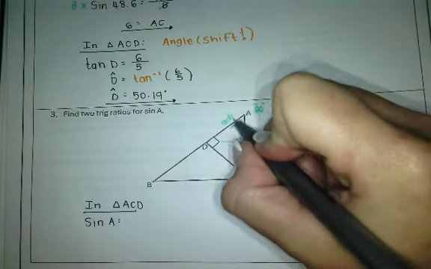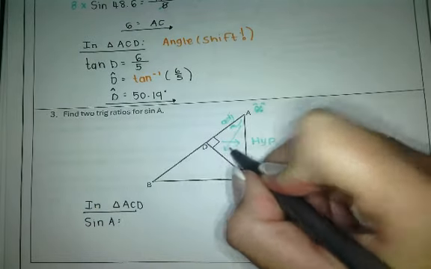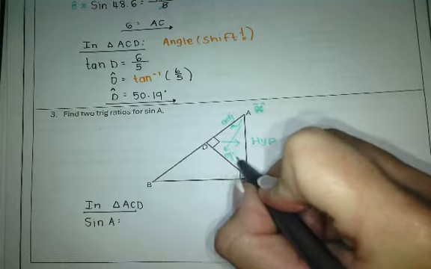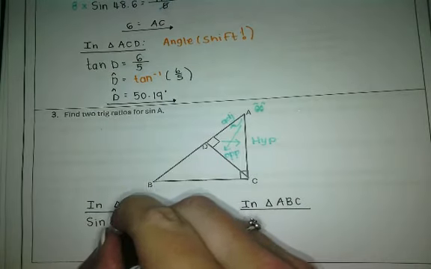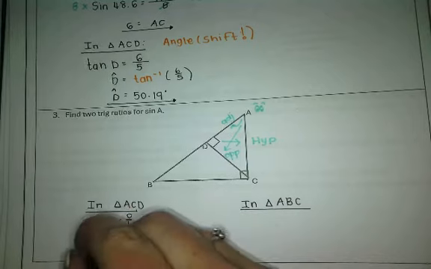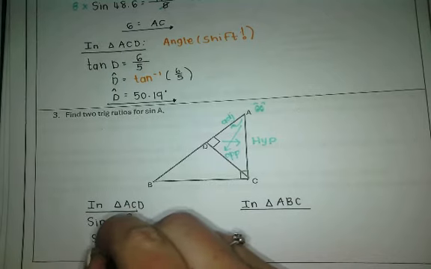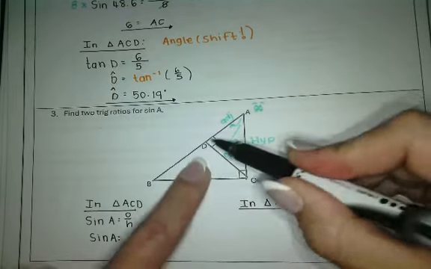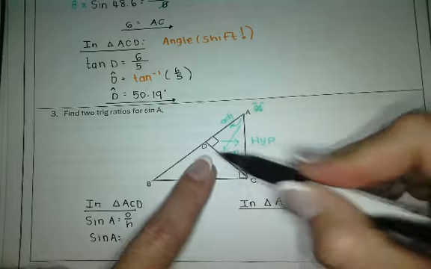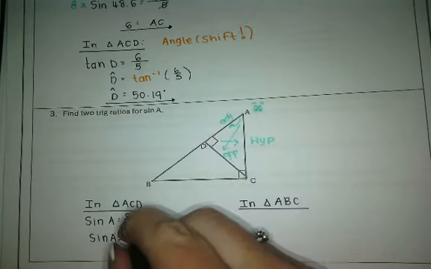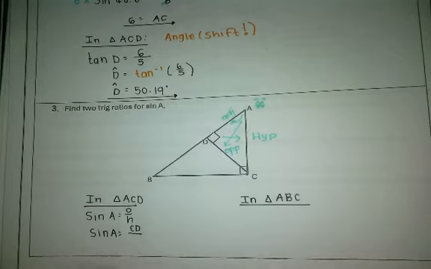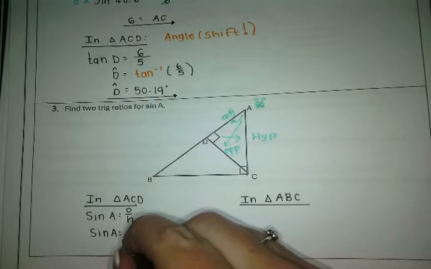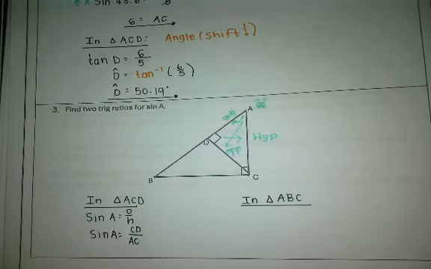This is going to be my adjacent, and this is going to be my opposite. So silly old hence. What is my opposite side? Grade 10s? DC or CD. So CD, and what is my hypotenuse? AC. There's my first ratio.